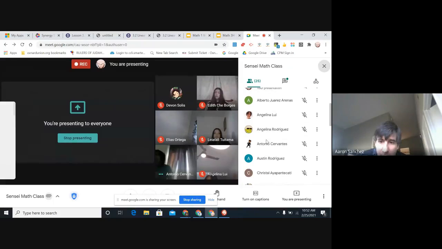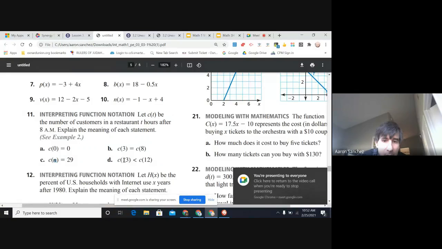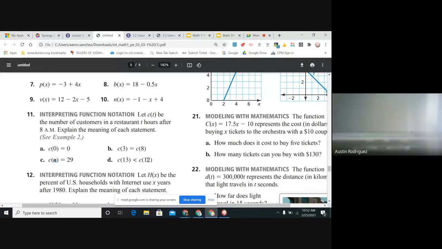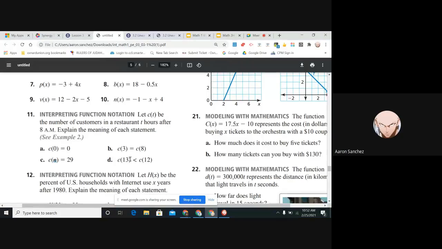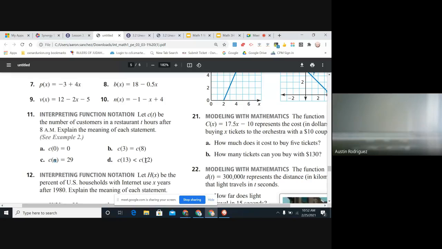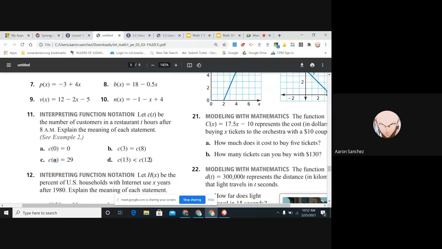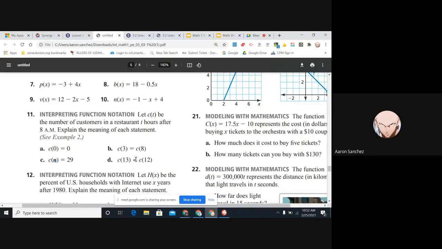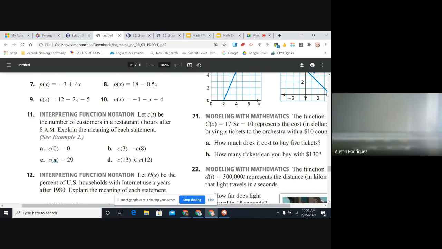All right, Austin, what does this mean? C of 13 is less than C of 12. 13 and 12 are the amount of hours. Which one's bigger? 13 is bigger than 12.